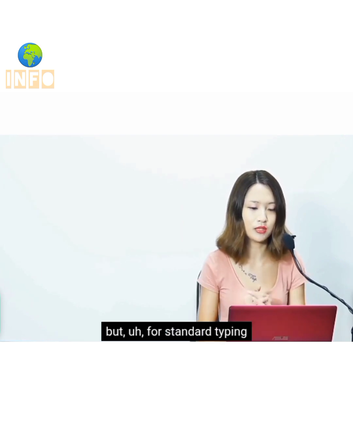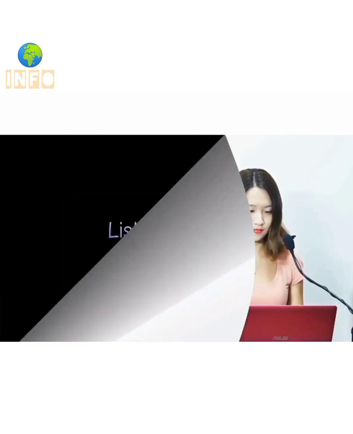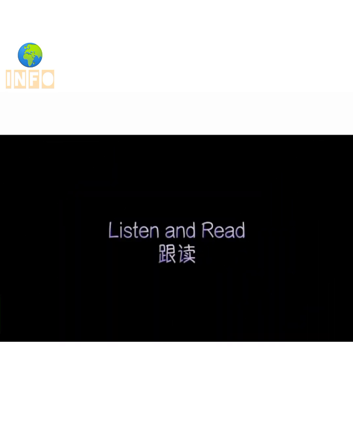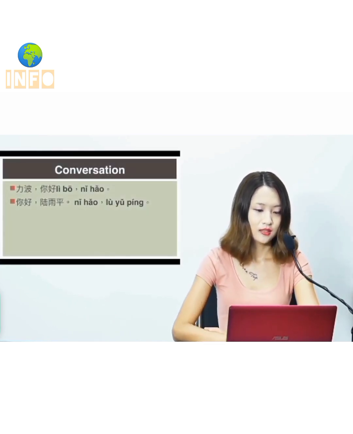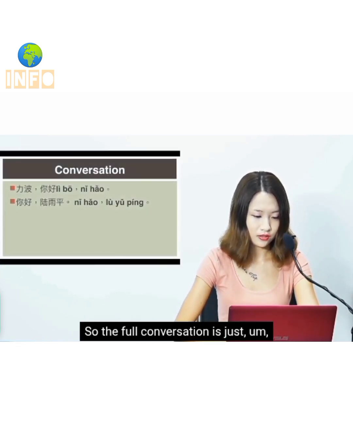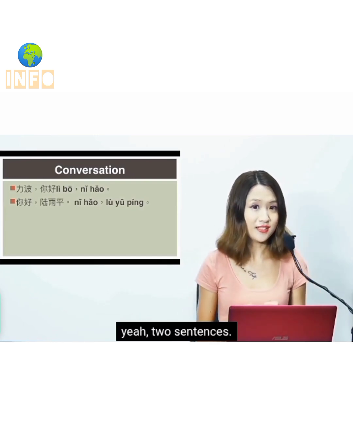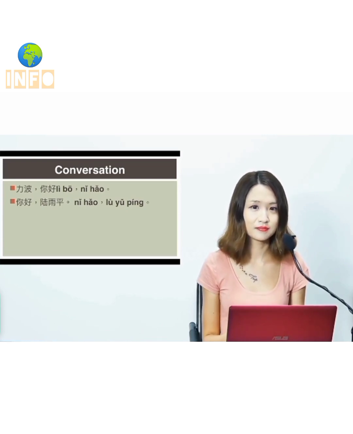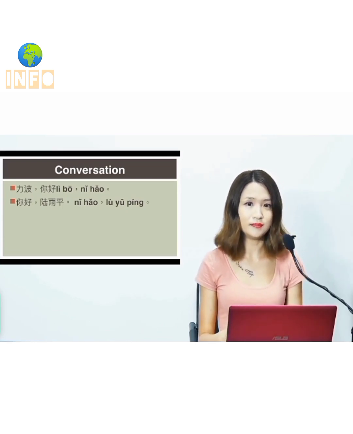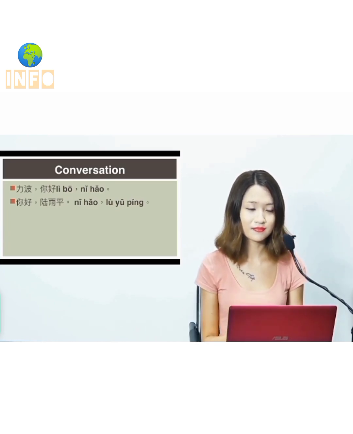Of course, you can always use your space, but for standard typing or writing, without any spaces. 好，我们继续。So the full conversation is just two sentences. 我们再来一遍. Let's say it one more time. 立波，你好。你好，陆羽平。该你了 Your turn.